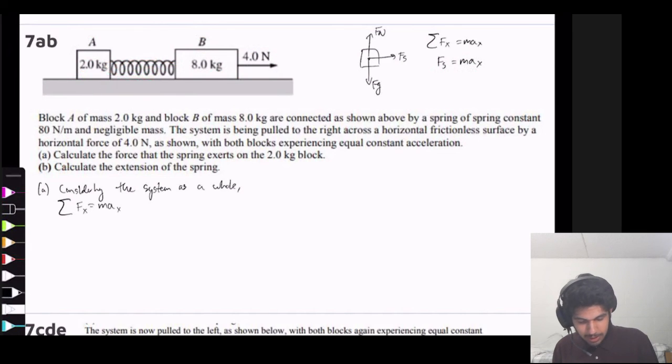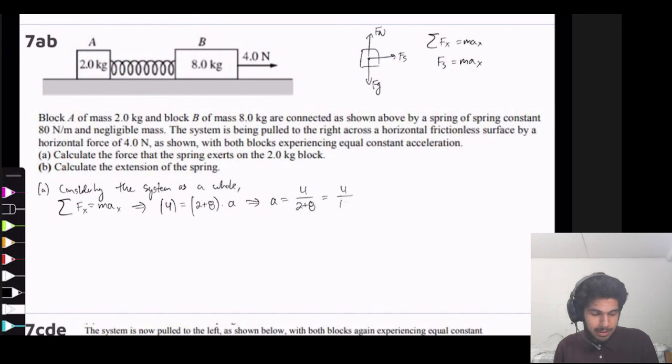So we're left with this 4 Newton force is equal to the mass of the system, which is 2 plus 8, times acceleration, which gives us that the system is accelerating at 4 divided by 10, which is equal to 0.4 meters per second squared.